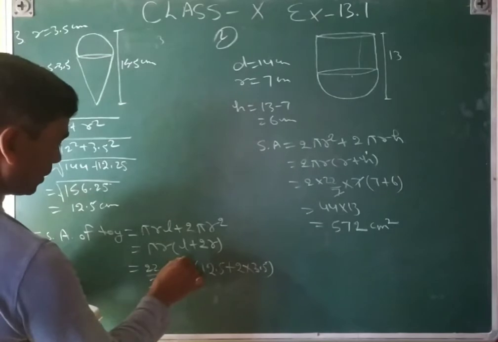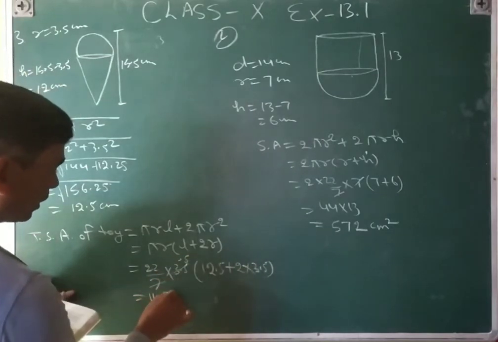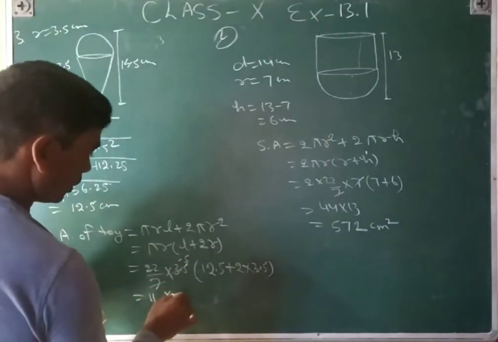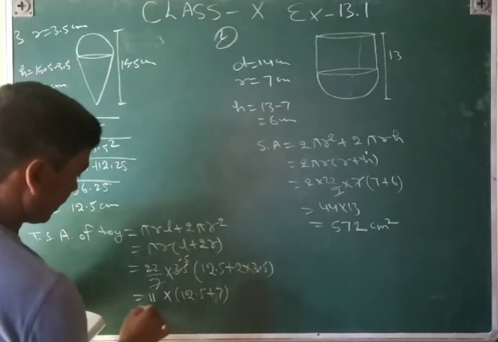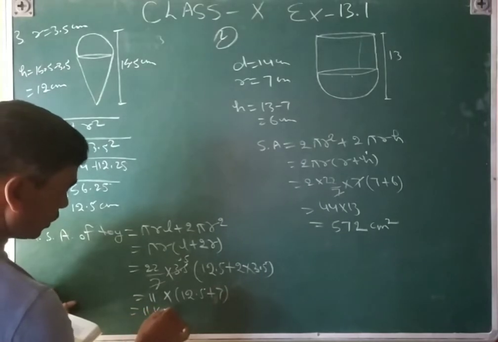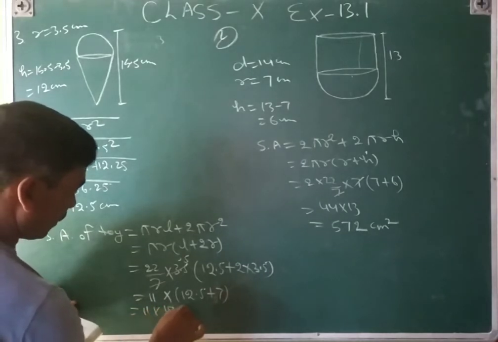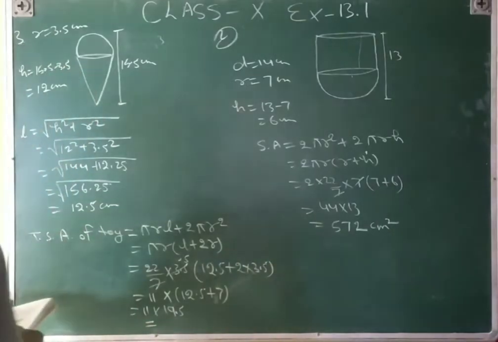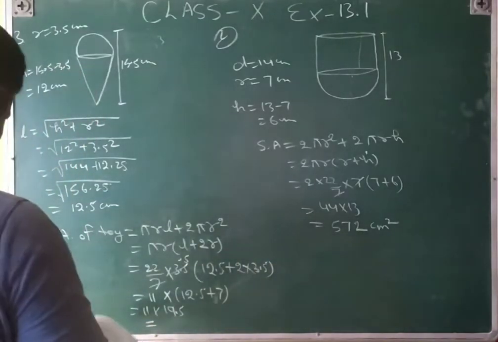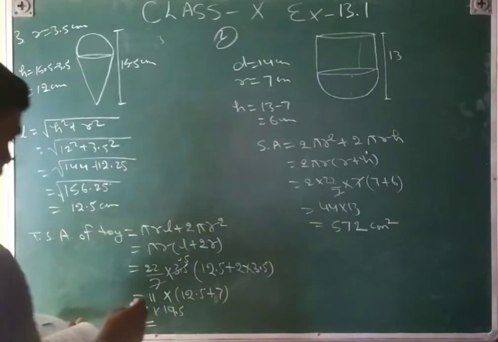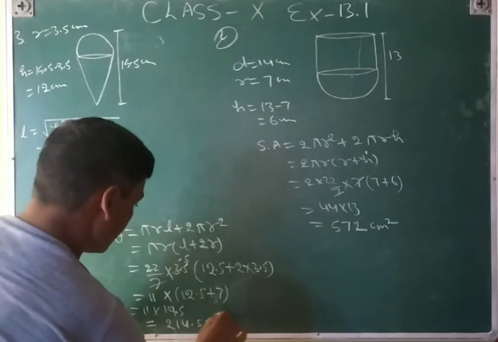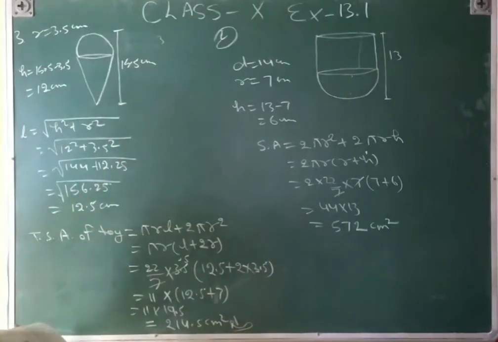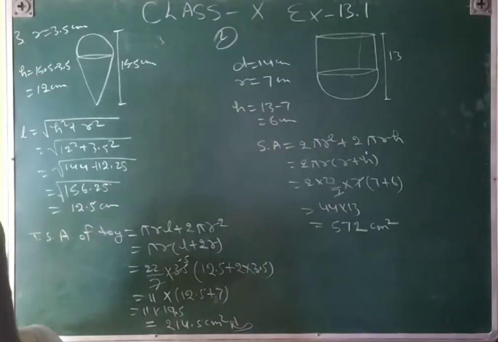So the decimal, 11 into 12.5 plus 7, that will be 11 into 19.5, and then multiplying, it will be 214.5 centimeter square.